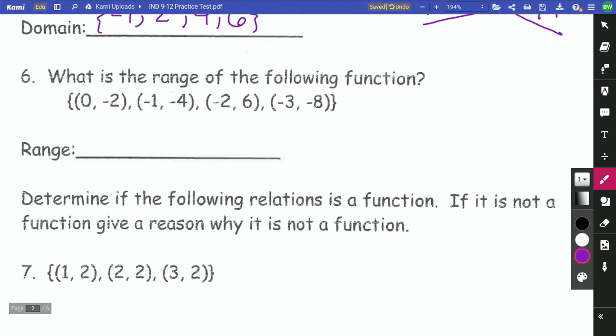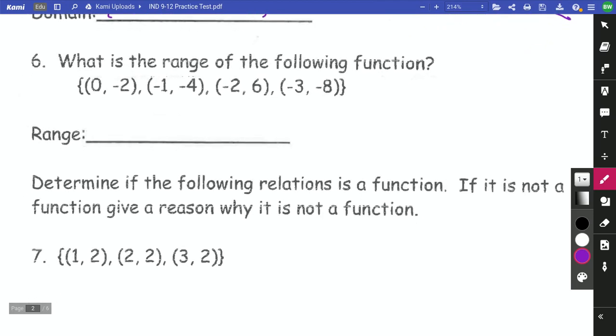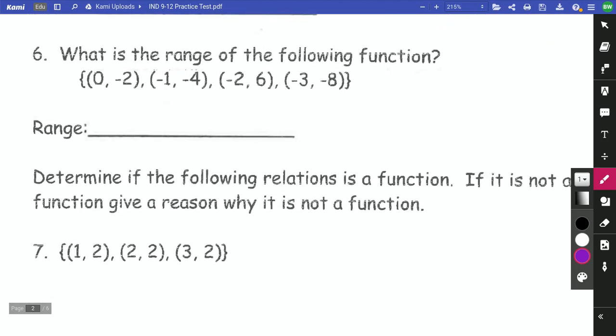What is the range of the following function? So for this one, number 6, we just list the y values, right? That's all. Don't write it as a compound inequality or anything like that. That would imply far more values than are actually in that range. This list of ordered pairs is the function. So what are all the y values?